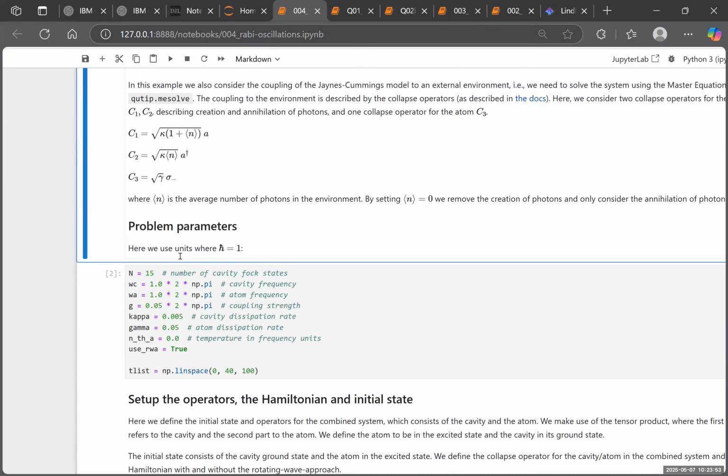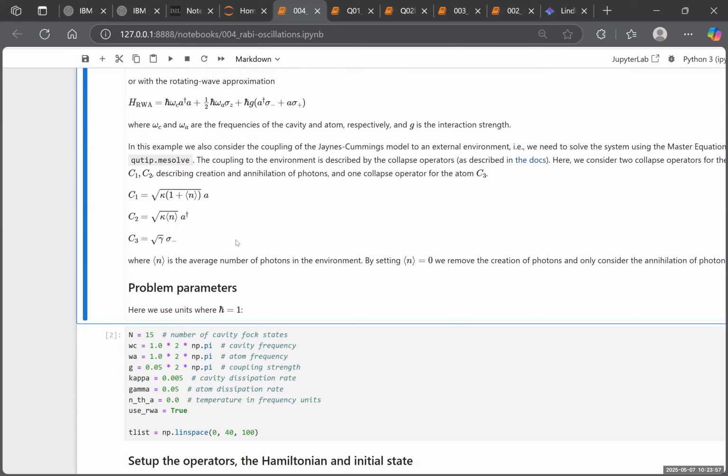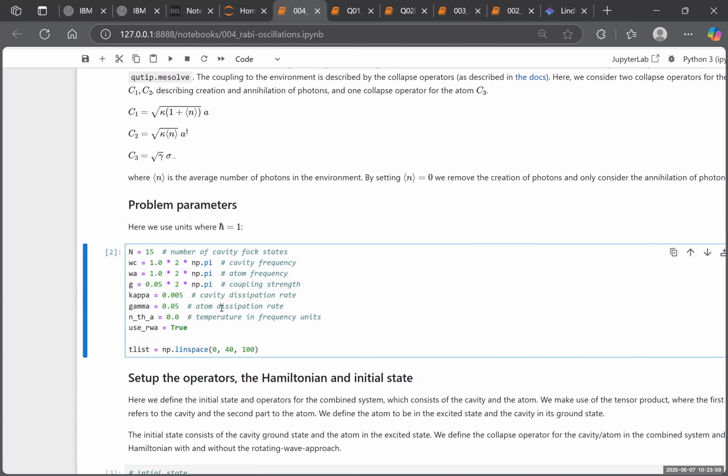So you set up these parameters, coupling. You can read this. For example, this kappa is this kappa here. That's the cavity loss rate. Gamma is the atom dissipation rate.